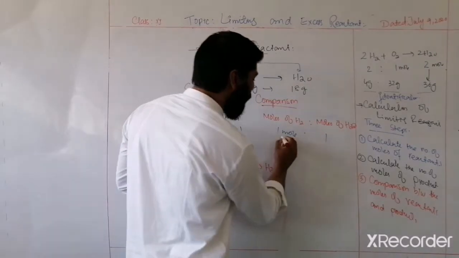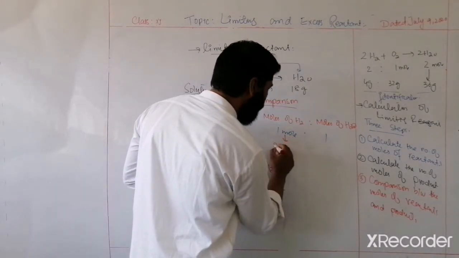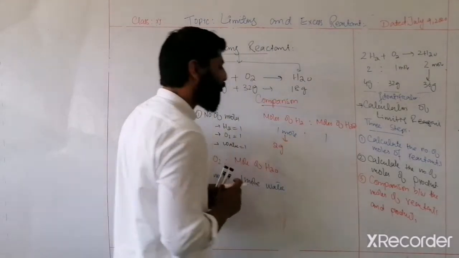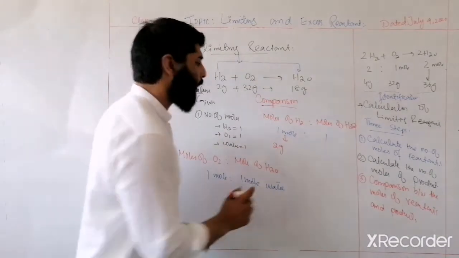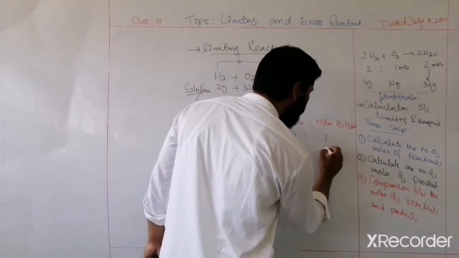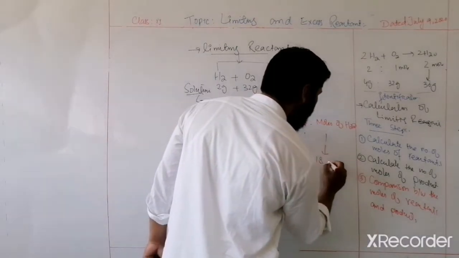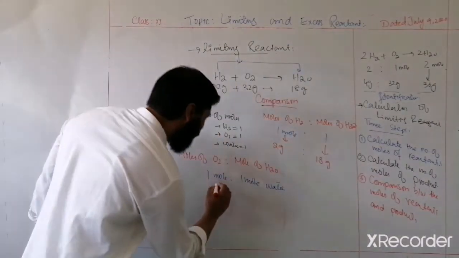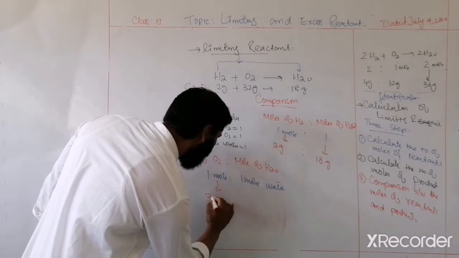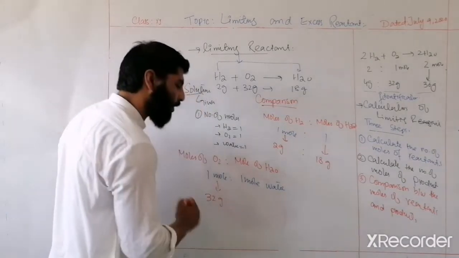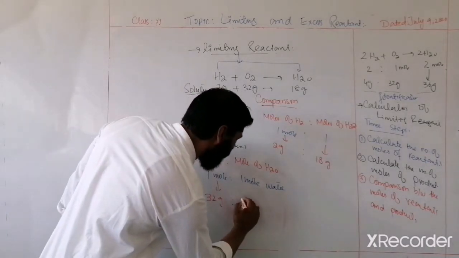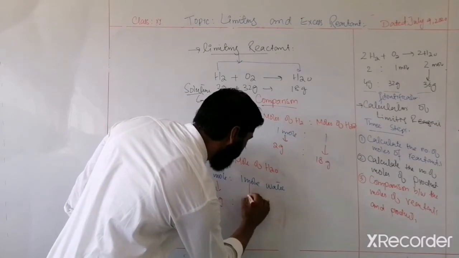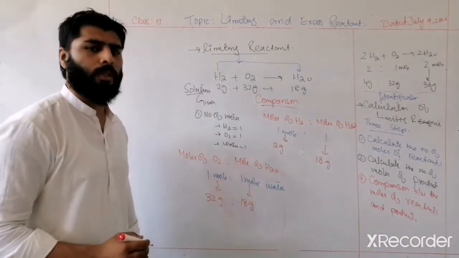From 1 mole or 2 grams of hydrogen, there will be 1 mole or 18 grams of water. Similarly, from 1 mole or 32 grams of oxygen, there will be the production of 18 grams or 1 mole of water.